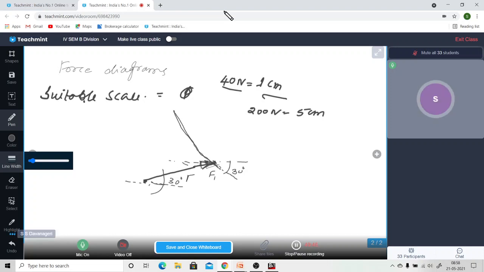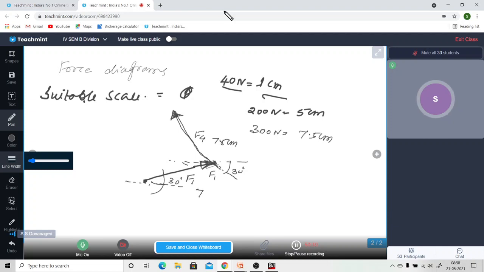This is F4. Now it is 300 Newton. How much are you going to get? 7.5 centimeter. So now this length has to be 7.5 centimeter.